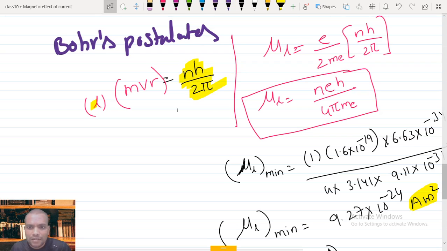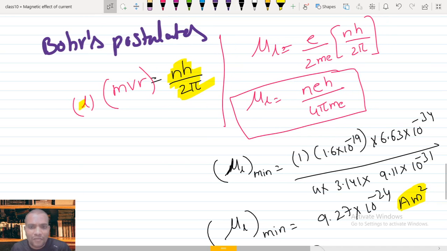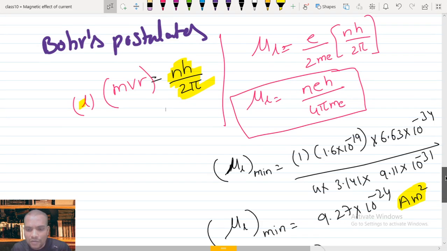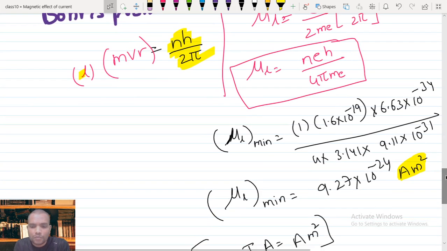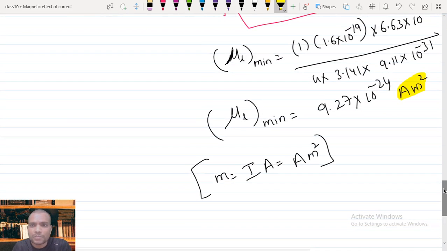By substituting to find the minimum magnetic moment of a revolving electron, we get mu L minimum equal to 9.27 times 10 power minus 24. The units are interesting: ampere meter square, because it is a magnetic moment.